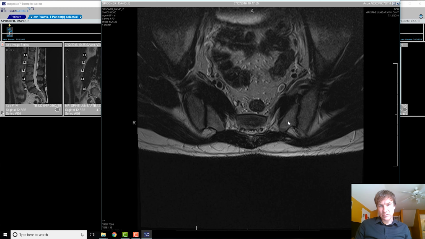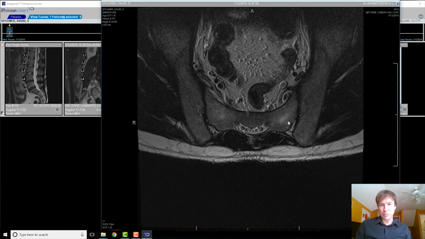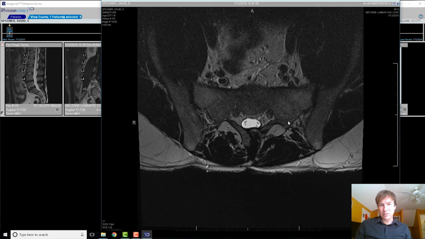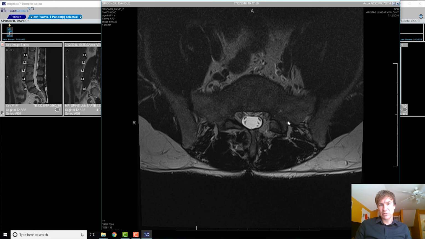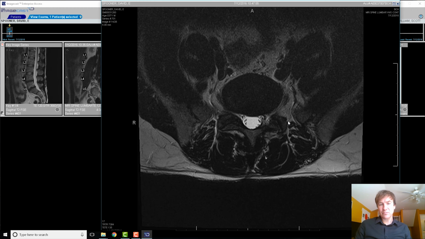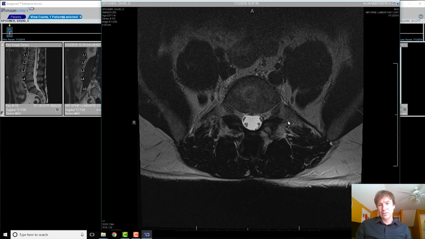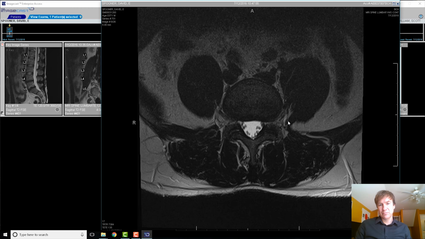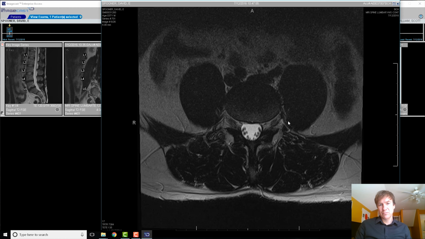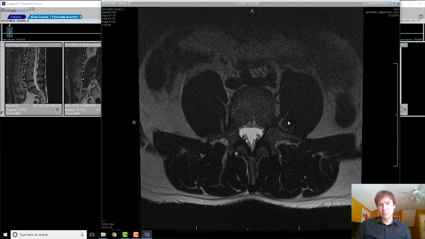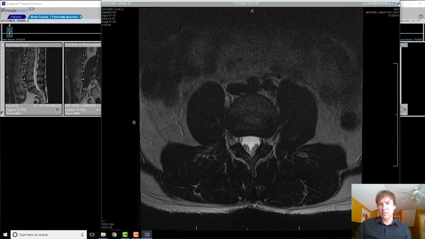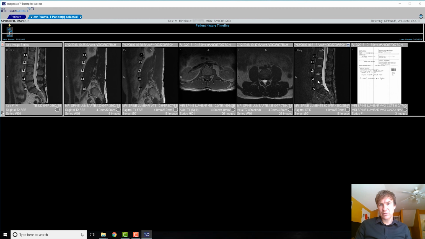So let me go to the sacrum. So we're going from bottom to top of my spine. So get close to the first disc here. First of the bottom ones. And up my spine. All right. And I think that was it.